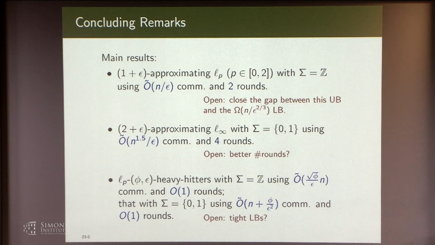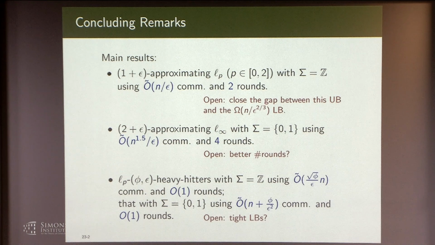This problem I already mentioned: I want to close the gap between upper and lower bounds for L0. And for L infinity, this protocol costs 4 rounds. Again, I don't think 4 is the right bound. Rounds are important because, especially in practice, starting a round is very expensive.